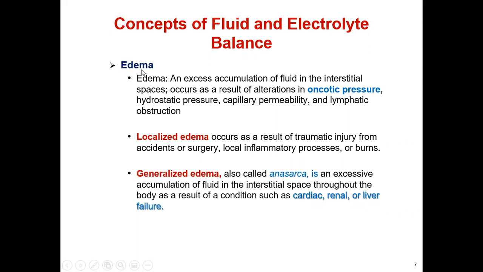An easy way to explain it: edema is the swelling caused by excessive fluid trapped in body cavities or tissue.